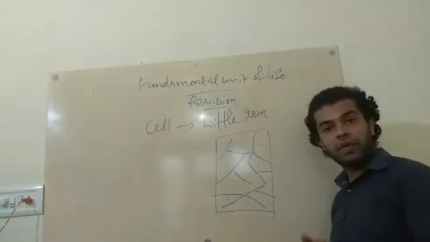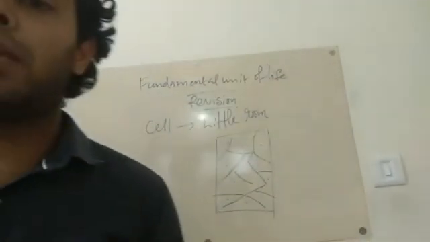This is the structure of a cell which we see in an onion peel.